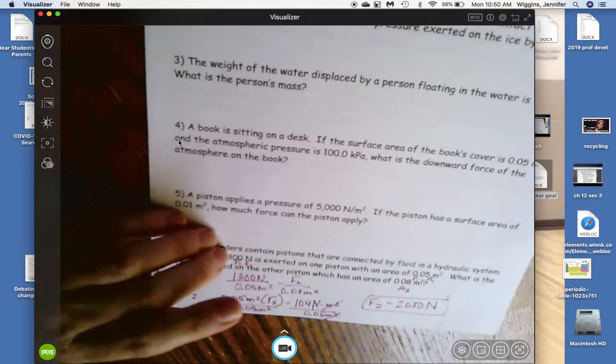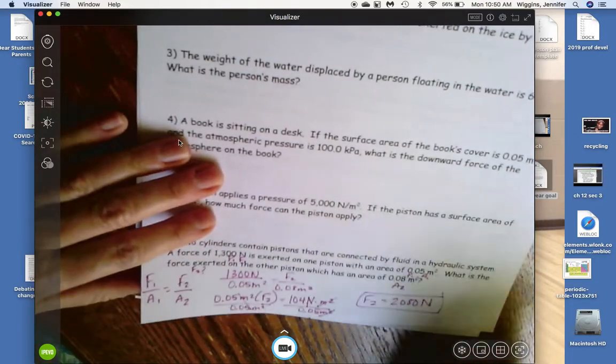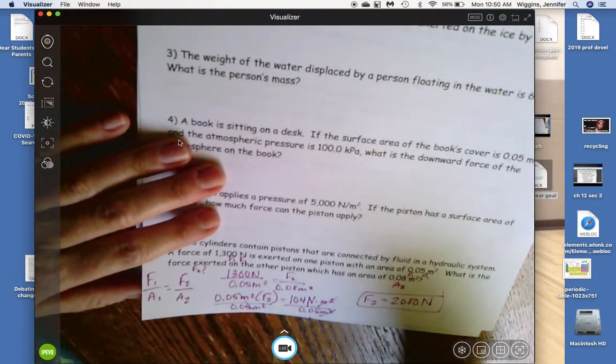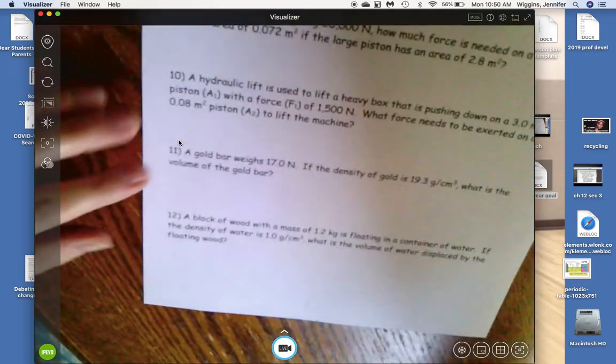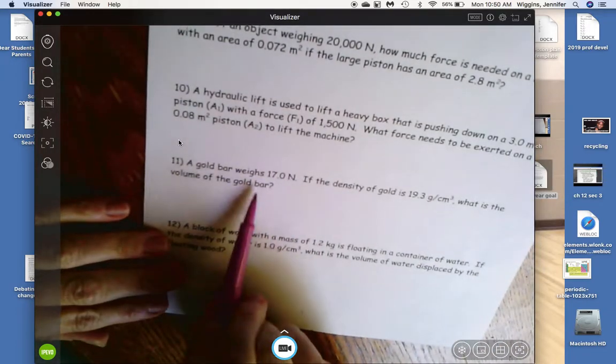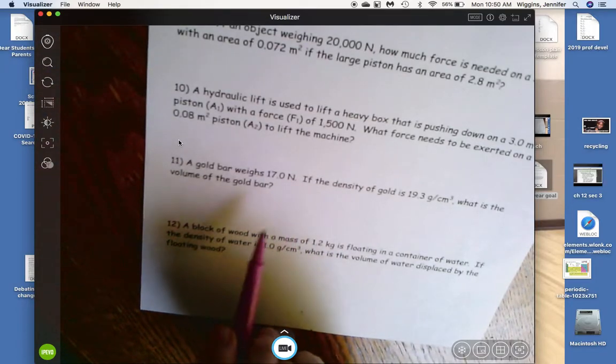Okay, it's fairly basic. You just have to make sure that you keep your P1, F1, A1 the same piston. The only ones that are different are the density problems, so you're going to have to use density, which is weight.